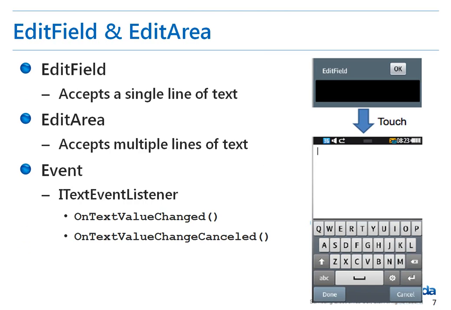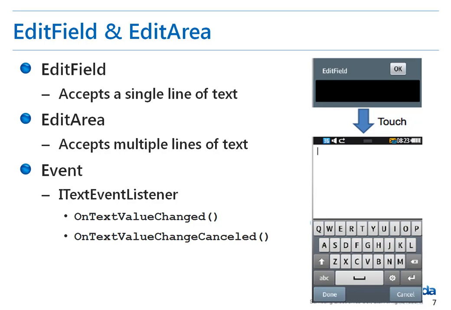Let's take a look at an example of a few controls. The first controls to be covered are Edit Field and Edit Area. Edit Field is a control that receives one-line text input. Edit Area is a control that receives multiple line text input. Both the Edit Field and Edit Area controls deliver events through the iTextEventListener object.